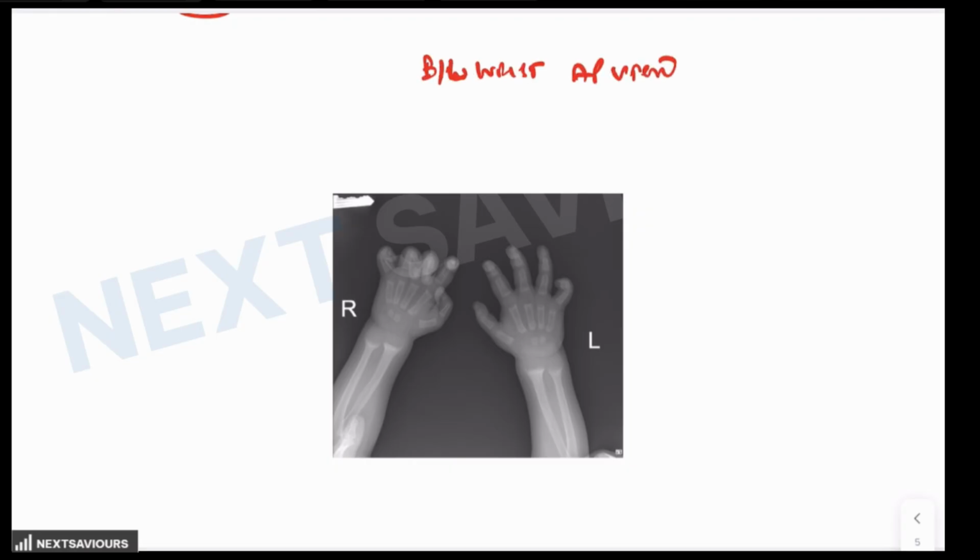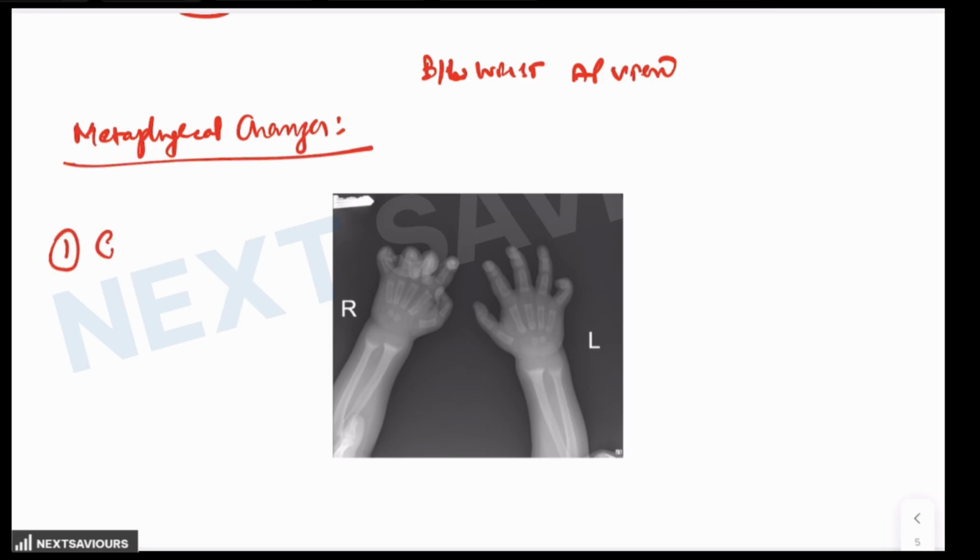Why is it so? Because of the specific metaphyseal changes. What are those metaphyseal changes in a patient who could be suffering from rickets? One, there will be metaphyseal cupping. What do we mean by metaphyseal cupping? Normally the metaphysis should be flat at the end, but here it is cup shaped, it is depressed. Second is metaphyseal splaying.